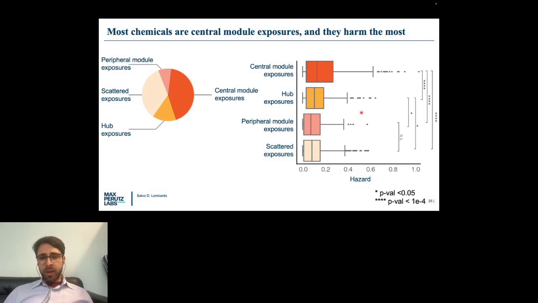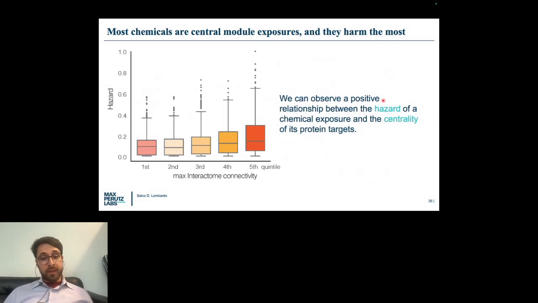What we can observe is that central module exposures, which are connected and central in the PPI, are the most harmful, followed by the hub exposures. So it seems there is almost a correlation between harmfulness and centrality in the PPI, and we wondered whether we could test that, and we could do that.